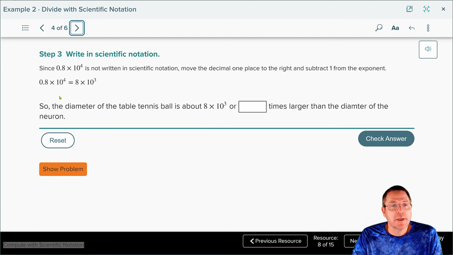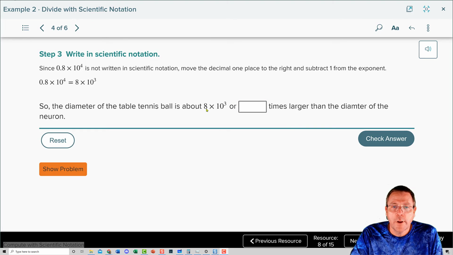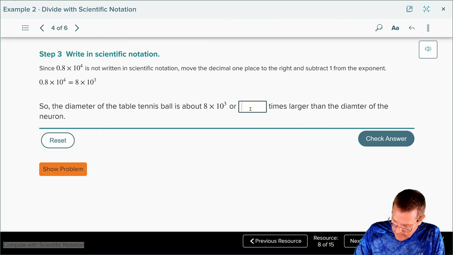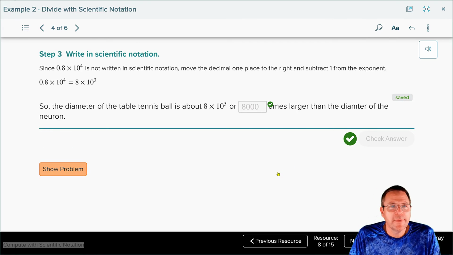We need to change that to scientific notation, so that means we're going to bounce the decimal 1 space to the right, which means that from there it would actually be 8 times 10 to the 3rd larger. Also known as, if we bounce that decimal 3 times, if my math in my head is right, 8,000 times larger than the diameter of the neuron. That's pretty significant.